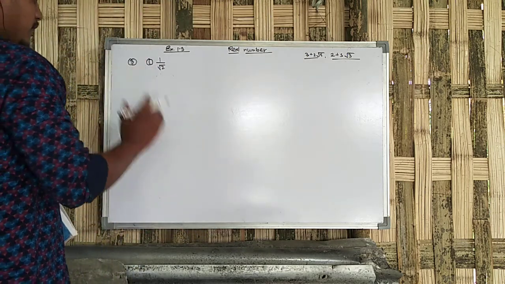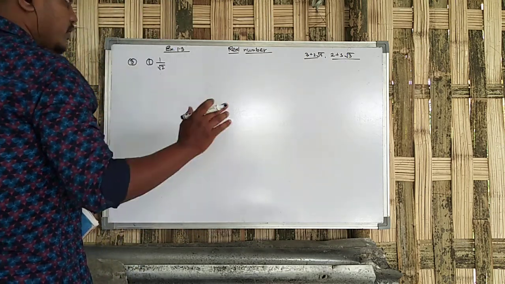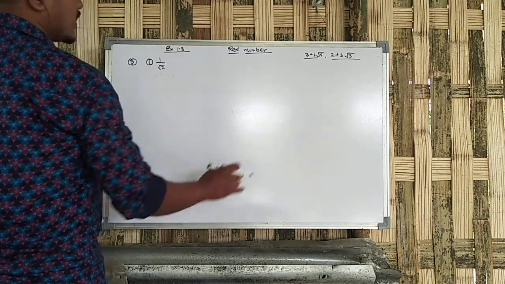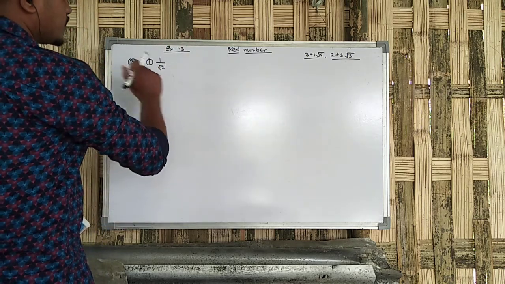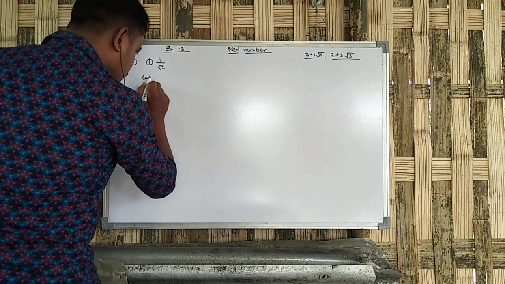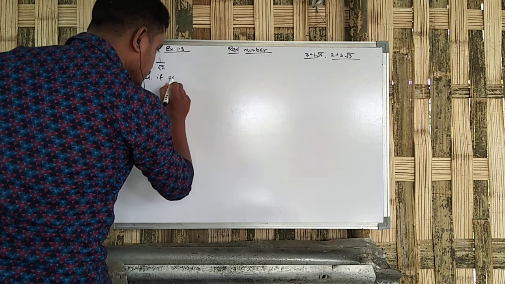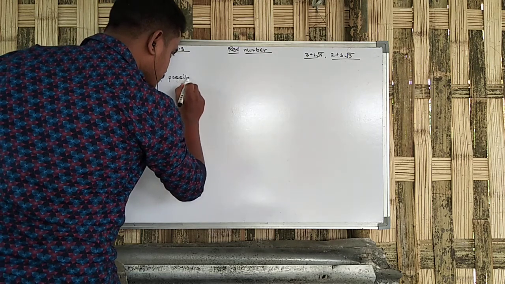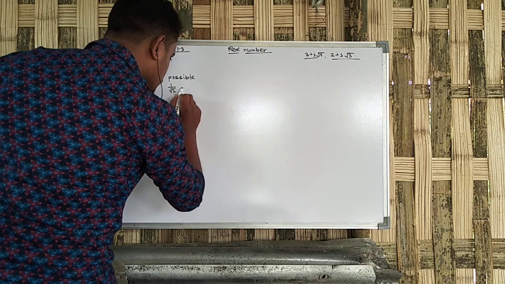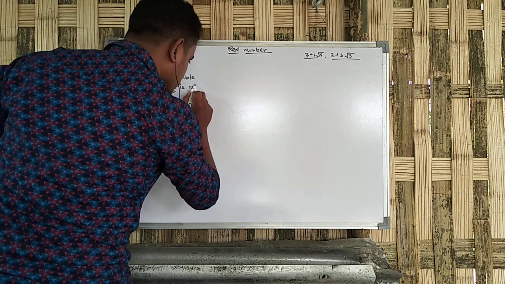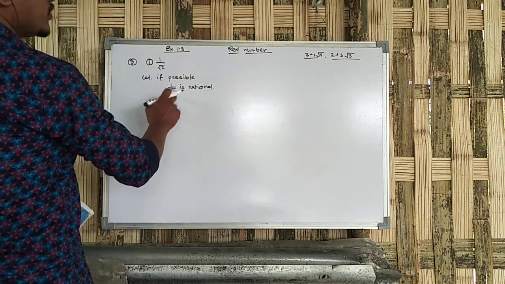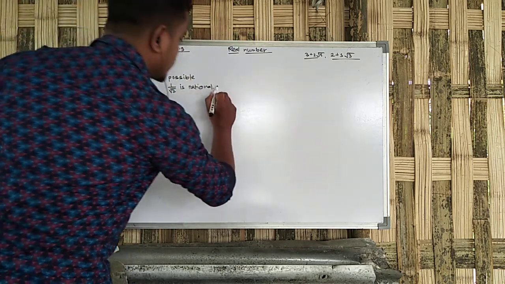Before going to prove that, everyone knows root 2 is an irrational number. We have already proved that root 2 is an irrational number. Now we have to prove that 1 by root 2 is an irrational number. So let, if possible, 1 by root 2 be rational.